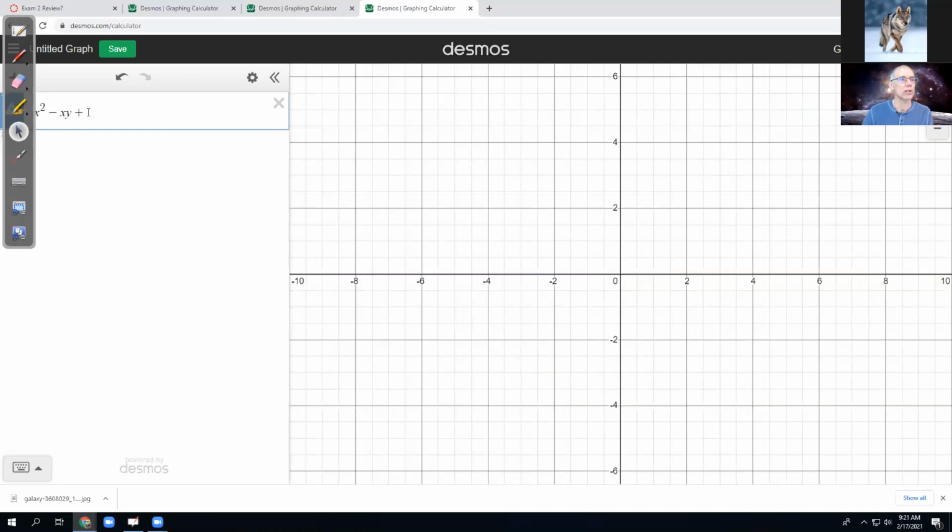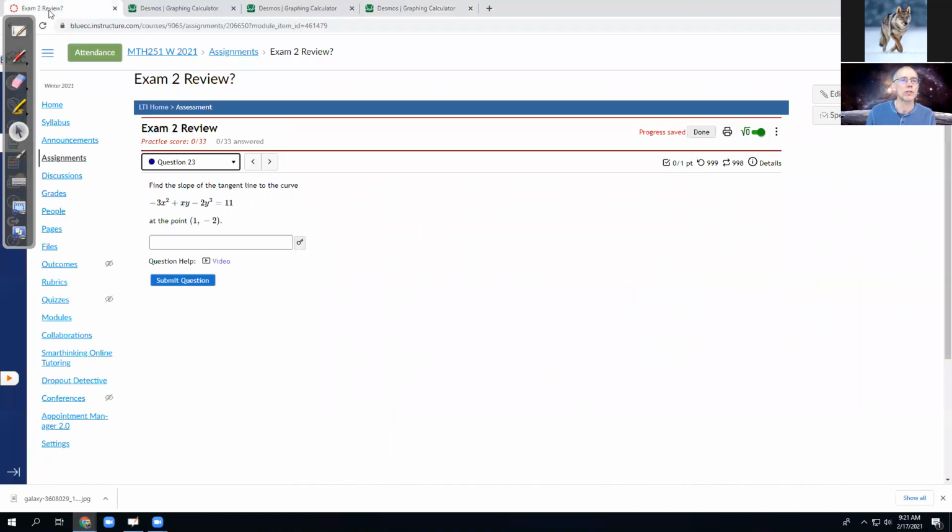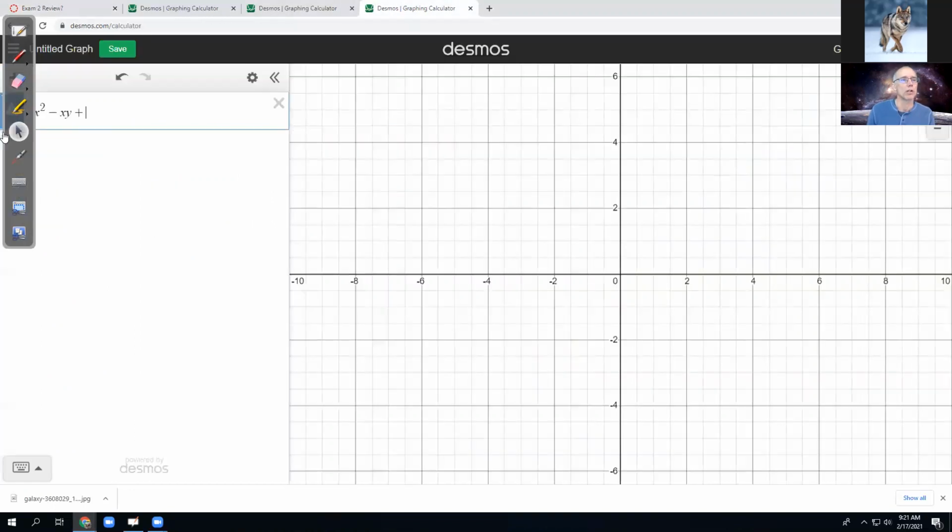Oh, I missed something. There's a 2 and a 3 in there? What was it? 3 and then a -2. -3, -2. All right, my sign's all messed up. -3x squared plus xy minus 2y cubed, and that is equal to 0, right?